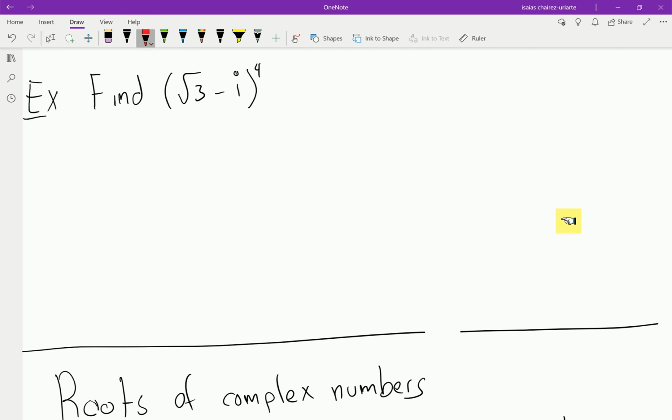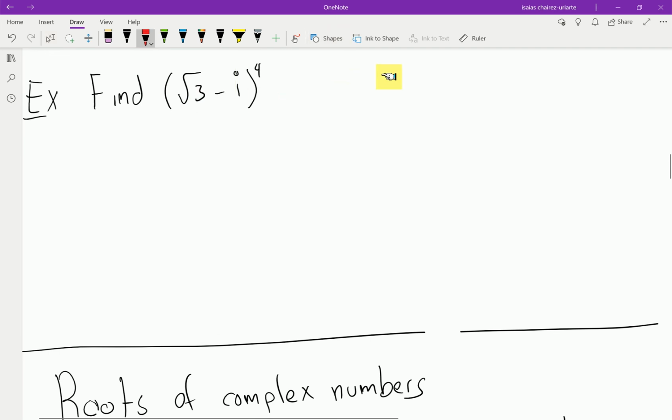Just for the sake of time, I'm just going to tell you what I got. So if I raise this to the 4th power, I'm going to have the following. Here I'm going to skip some steps. The first thing you're going to want to do is rewrite the complex number in polar form. I'll let you do that on your own. I'm just going to kind of get to that point already.